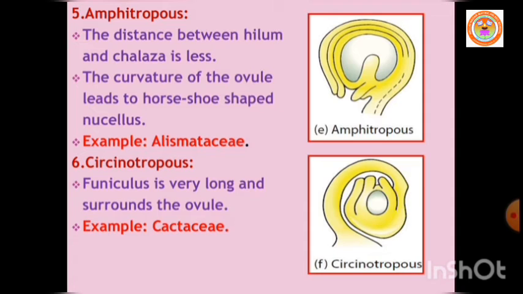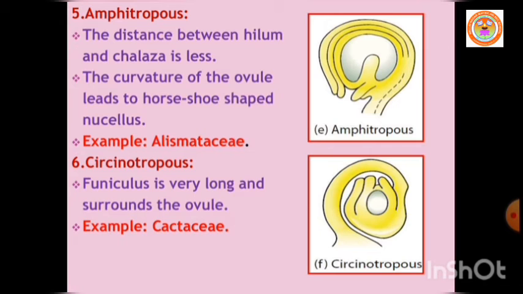Fifth one, amphitropous type of ovule. In this type of ovule, if you observe, the distance between the hilum and the chalaza is less. The distance between the hilum and the chalaza in this type of ovule is very less, that means it is closer.